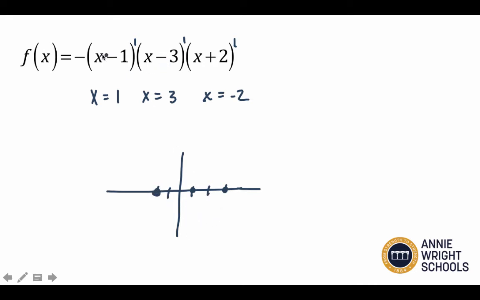The other thing I can see here is if I just multiplied the first terms out, I would get negative x cubed. So that's negative 1 times x times x times x. And if I just multiply the last numbers out, I would get negative 1 times negative 3, which is 3, times 2, which is 6, times negative 1, which is negative 6.